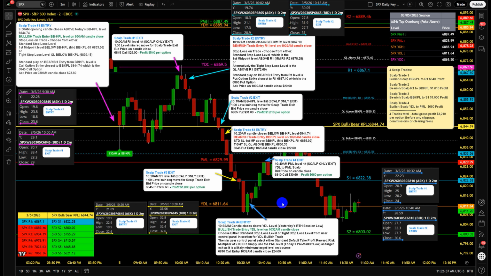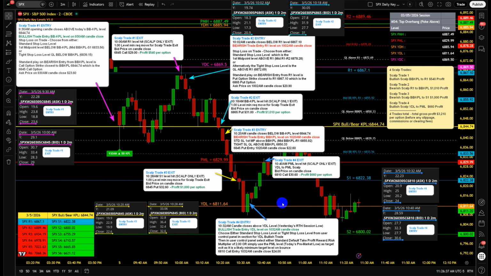So in the user control panel, which I will show you a screenshot of after we get through this in the next screen, you select either the tight stop loss or the standard stop loss, and then it will project that stop loss, either the tight or standard level, on your chart that you wish to use.